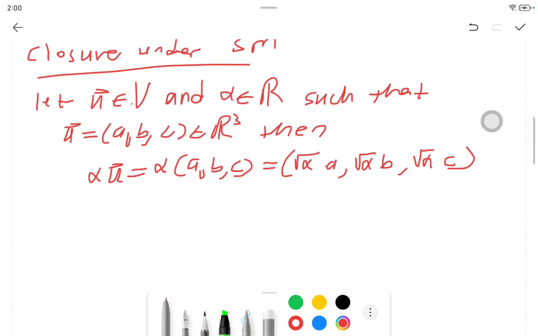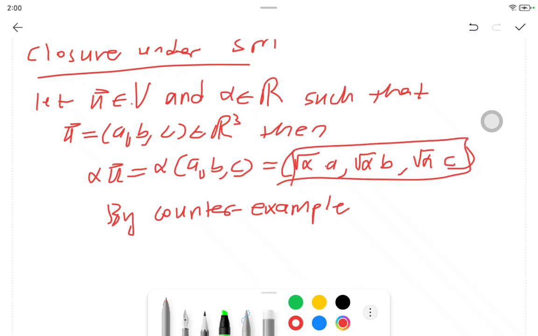But by counter example, check something. If the scalar is negative, this will disprove it. It won't exist.